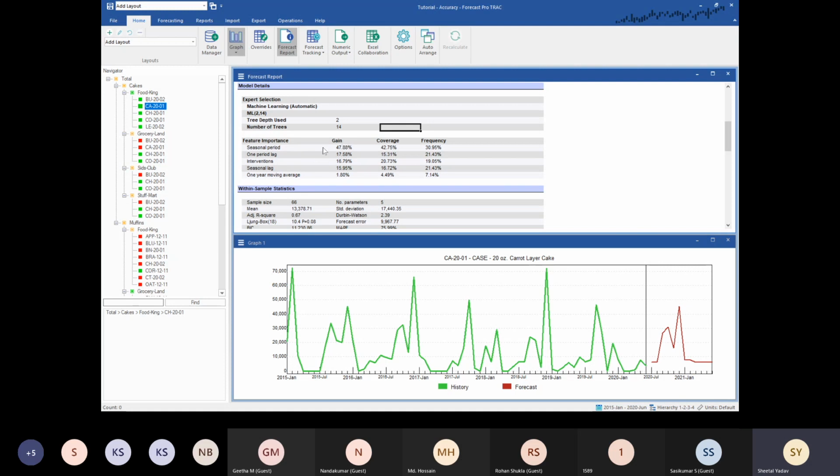Gain here indicates how much this component, which is my seasonal period, and seasonal period is typically the month information, is leading to an increase in my forecast accuracy. That is what is being represented here, and that's how it's sorted.